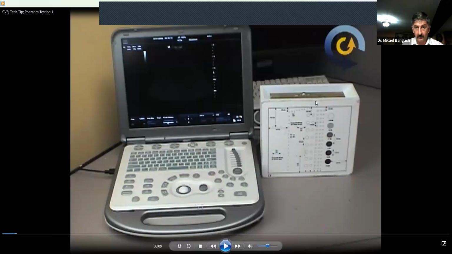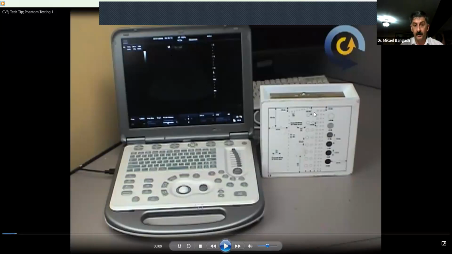So mainly you're just scanning along your phantom, and what you should be able to see are these structures. You will also see that they do measurements to determine whether the distance between, let's say, this and this here is the same as what you've seen on the scan.